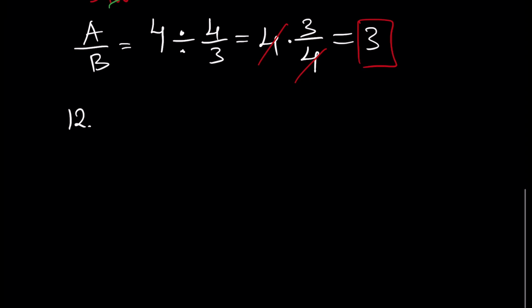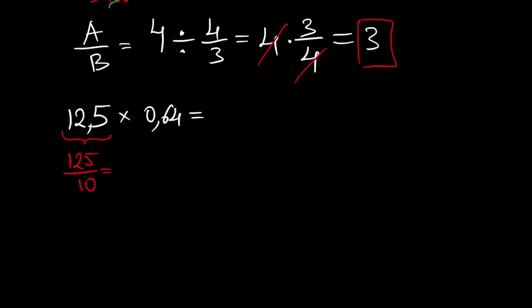12.5 times 0.64 is equal to, this is equal to 125 over 10. If we divide both sides by number 5, this is 25 over 2. And our number is equal to 64 over 100, which, after division by 2, is 32 over 50.